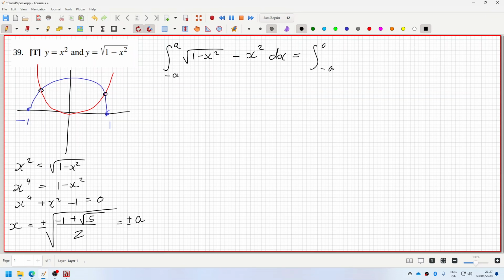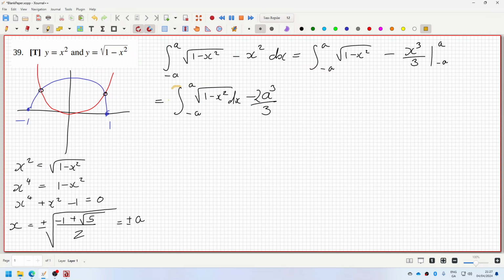Minus a to a, root 1 minus x squared, minus x cubed over 3, minus a to a. So that would be minus a to a, root 1 minus x squared, minus 2a cubed over 3. I sub in the a and the minus a.